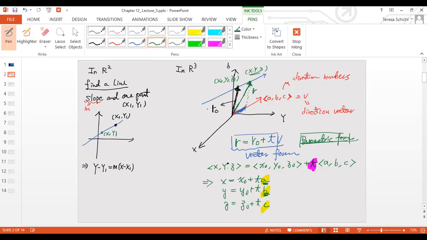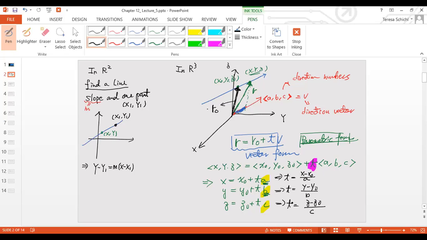And then the last thing here, you can see, if you make a little change, the t is equal to x minus x0 divided by a, and t is equal to y minus y0 divided by b, and t is equal to z minus z0 divided by c.